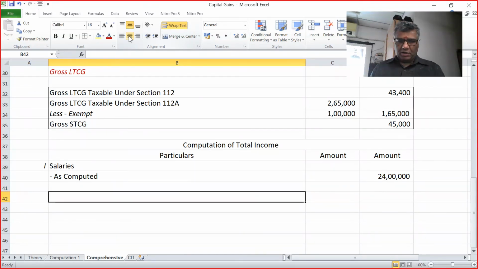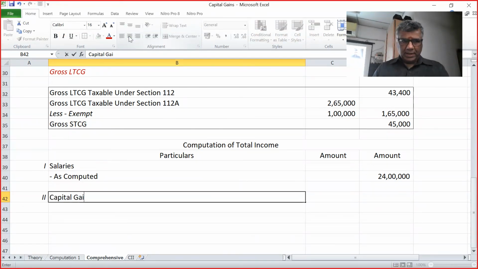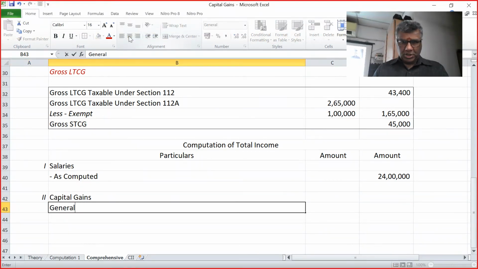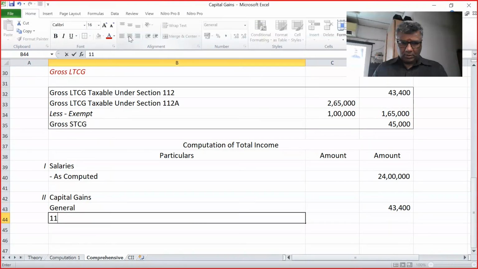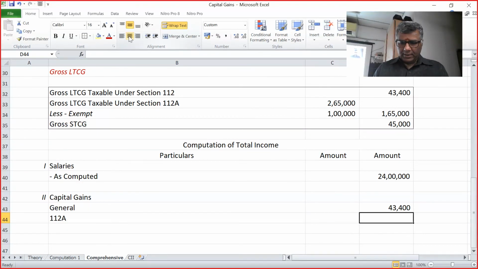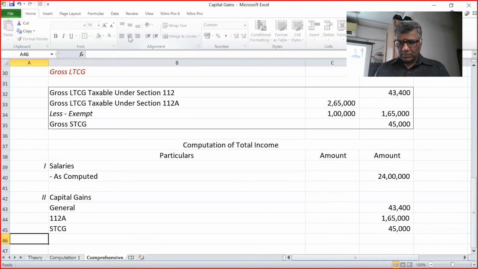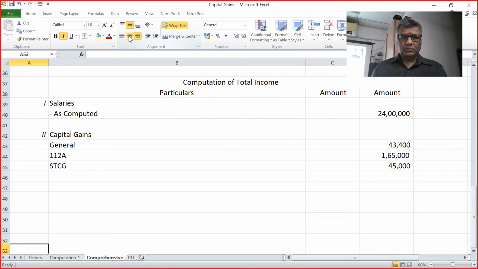Capital gains: general is 43,400, 112A is 1,65,000, STCG is 45,000. Computed means they have given everything and given the taxable quantum.